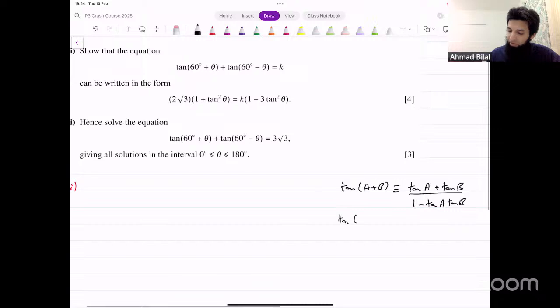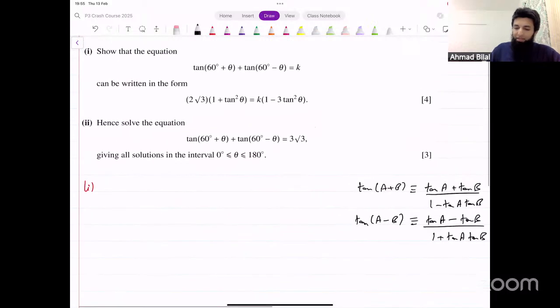And tan of (A minus B) is identical to (tan A minus tan B) divided by (1 plus tan A times tan B). Okay, they're written in the formula sheet. You can refer to that as well. That's what we can use to expand these expressions on the left side.